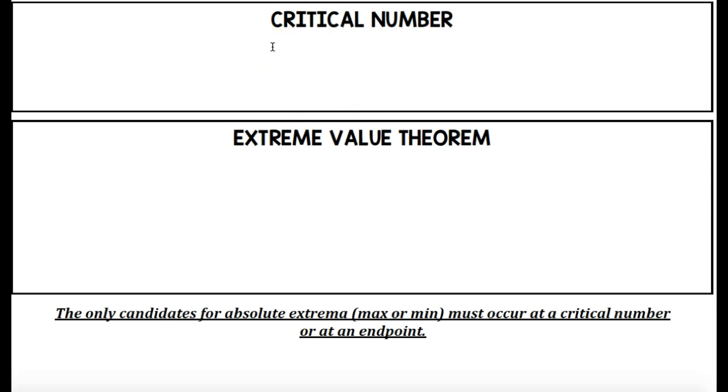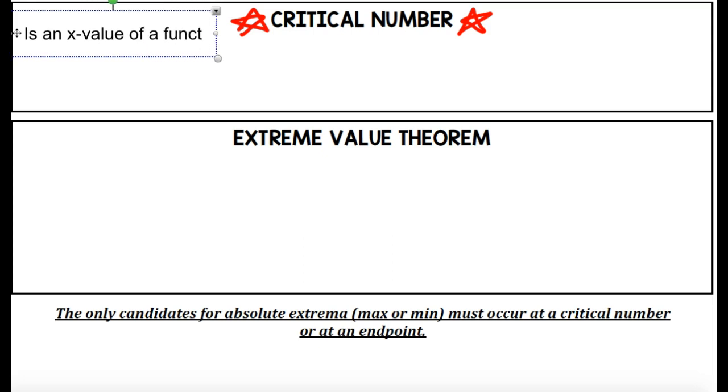If you want to, I don't know, put a big star next to this one, I think that would be appropriate. Critical number is going to be a very, very important definition for the rest of this chapter and really for most of the rest of the year. A critical number, and I'll type this one in again here.